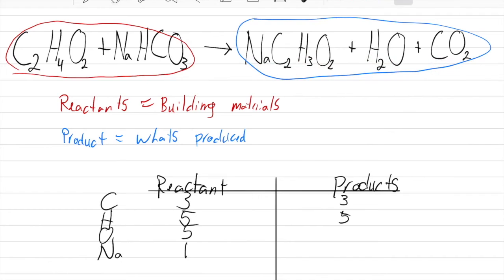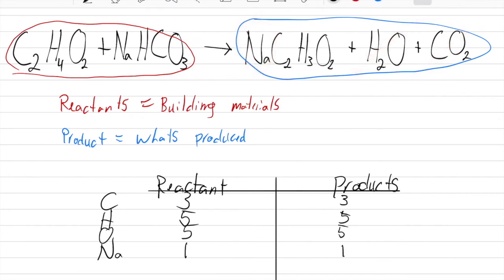For our next atom, oxygen, we have 2 in this molecule, 1 in water, and 2 in carbon dioxide. 2 plus 1 plus 2 gives us 5. And then lastly, for sodium, we have 1 in this molecule, none here, and none here, for a final total of 1.